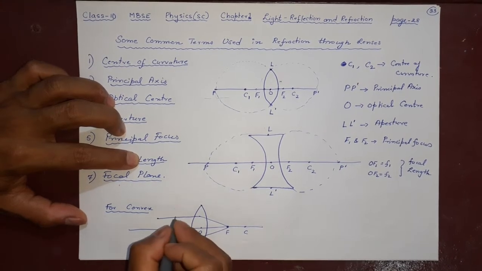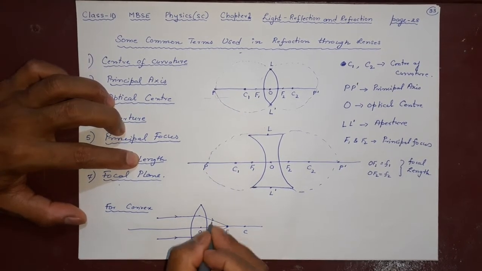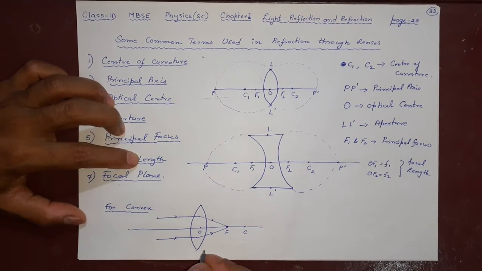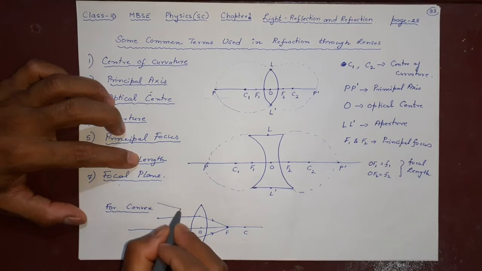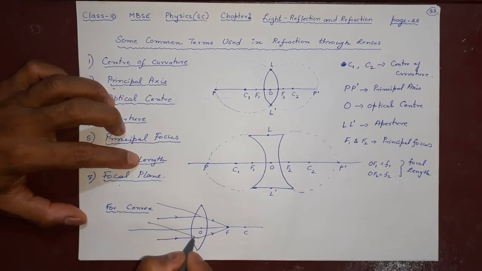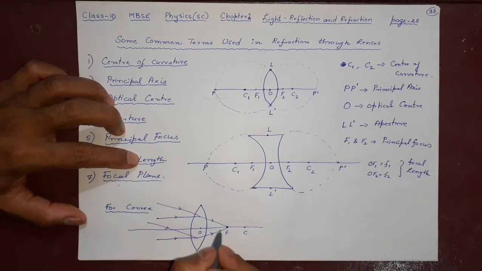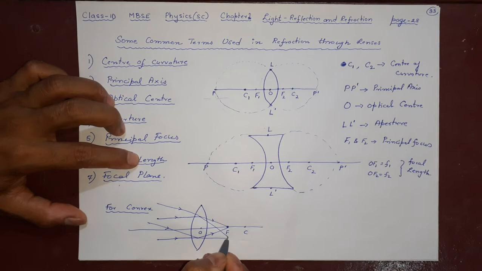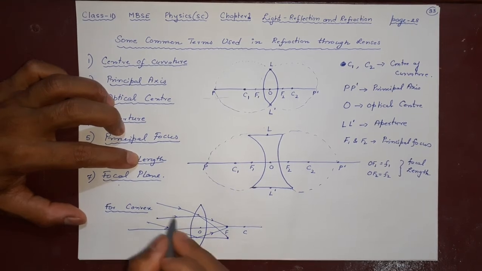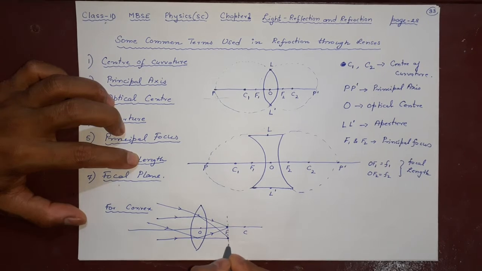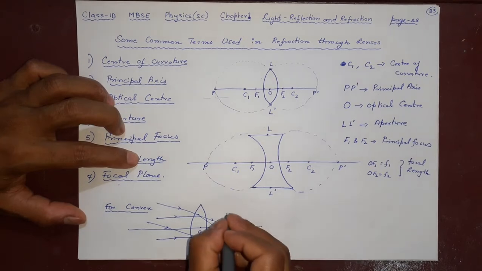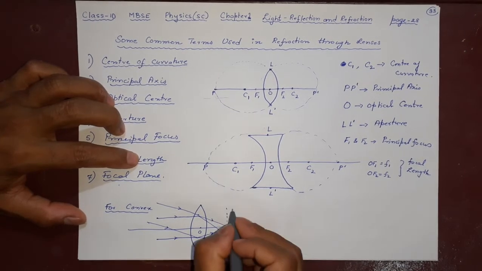Isn't this the property of light in the lens or mirror both? Understand, even if you tilt the light slightly here, there also it will fall in this region, this line, this plane. So this is called focal plane.